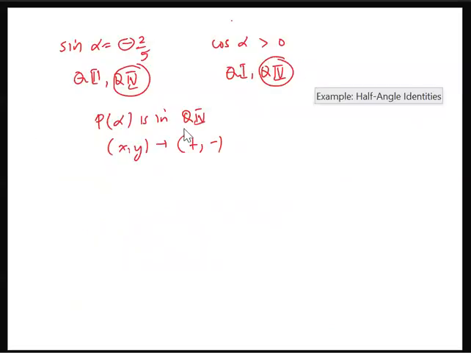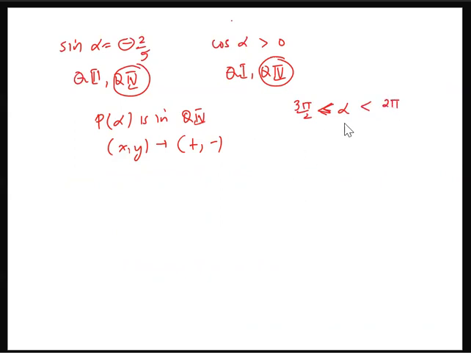So which means if alpha is between 0 and 2 pi and the terminal point of alpha is in quadrant 4, that would mean that alpha is somewhere between 3 pi over 2 and 2 pi.